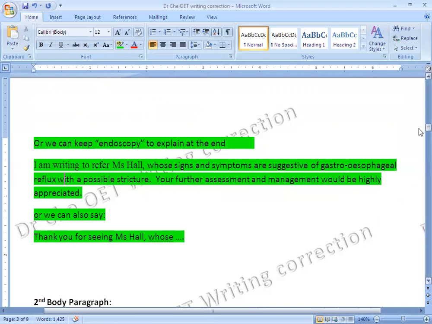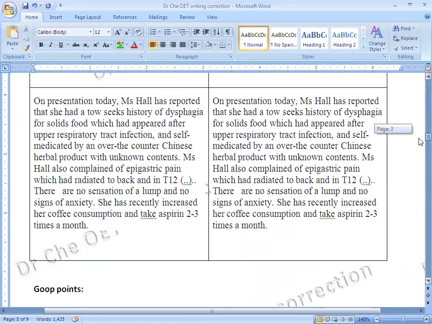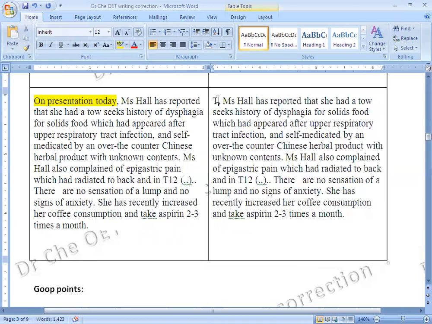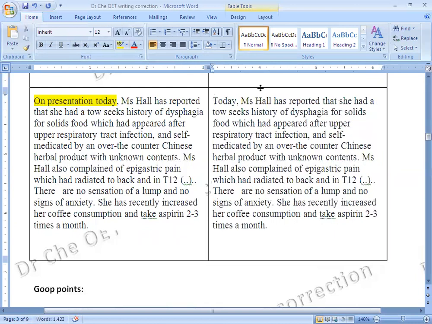So now let us move to the next part. Second paragraph, after purpose, we have on presentation today. Instead of on presentation today, we can write simply today.